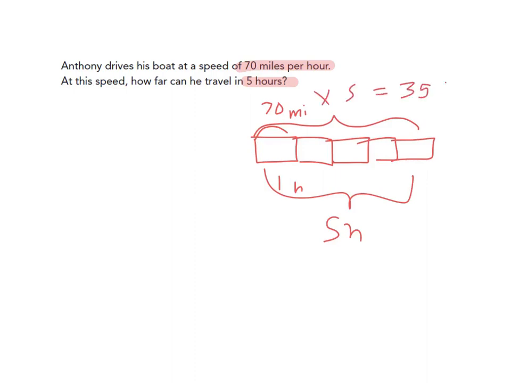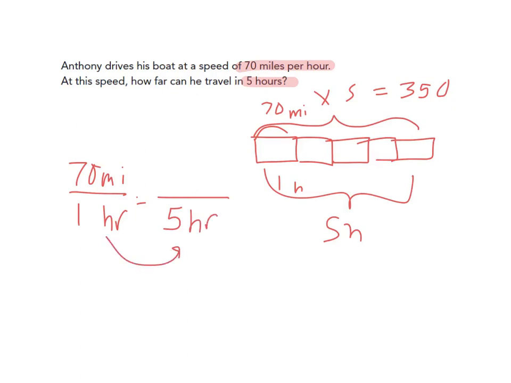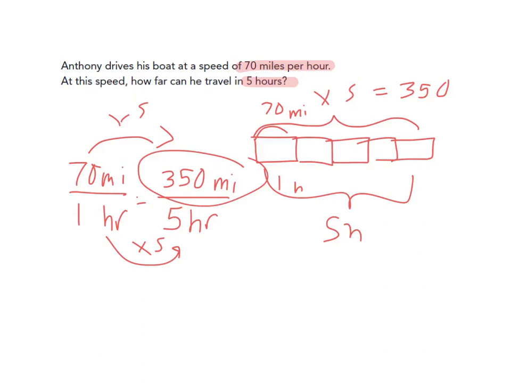You can also think of it fractionally, or setting up a unit rate: if it's 70 miles over the course of 1 hour, then what's the relationship to get it to 5 hours? I can tell that this is just times 5, and if I do the same thing here, times 5, it gives me 350 as well. So it's 350 miles over the course of that 5 hours.